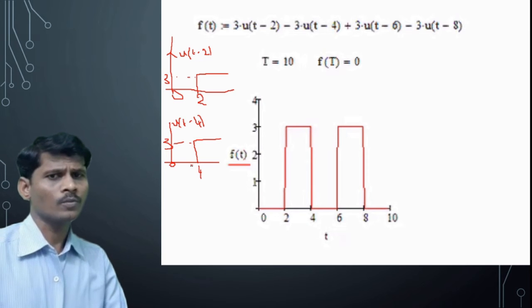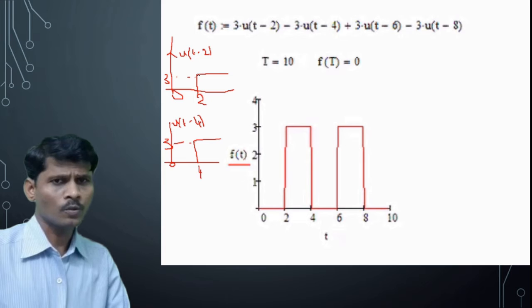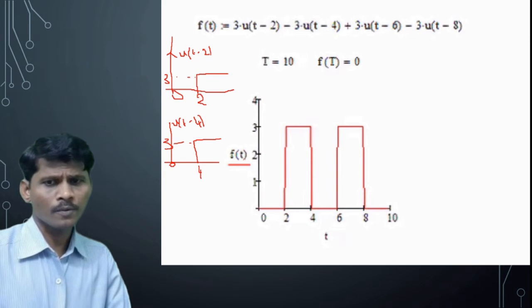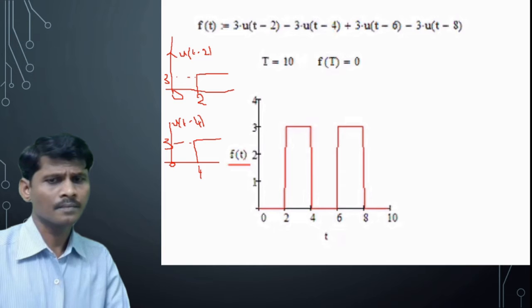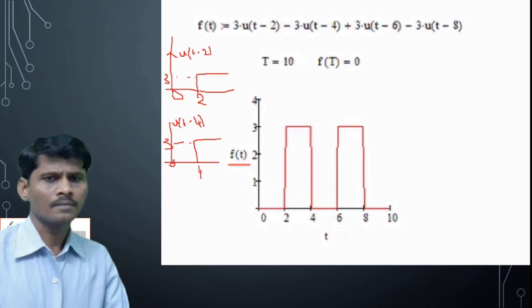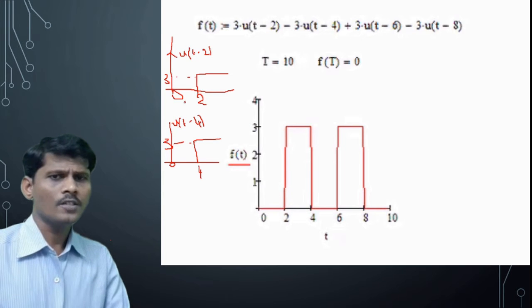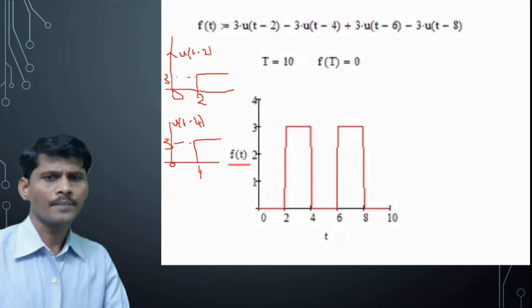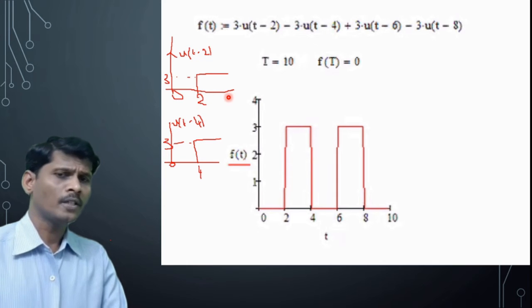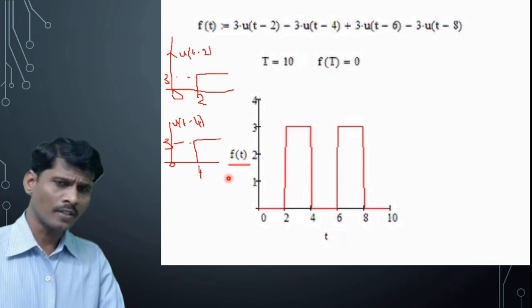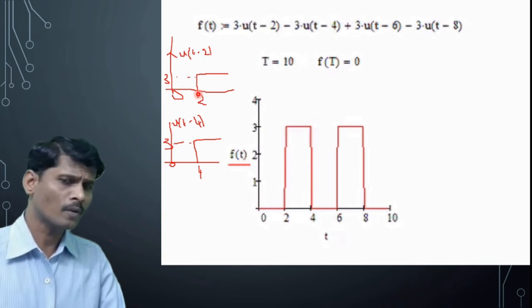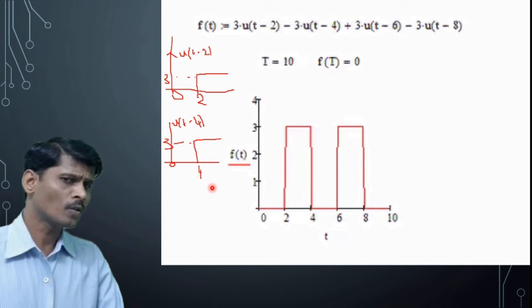Subtracting the 3u(t-4) signal from the 3u(t-2) signal. In this waveform, from 2 to infinity the magnitude value is 3. Now here, from 4 to infinity the magnitude value is 3. Subtracting this waveform from this waveform, 4 to infinity is equal to 0, and it exists between 2 and 4.